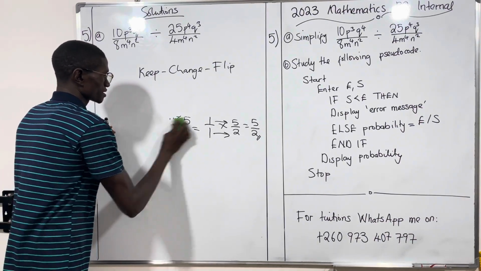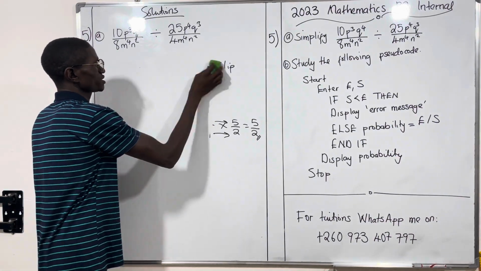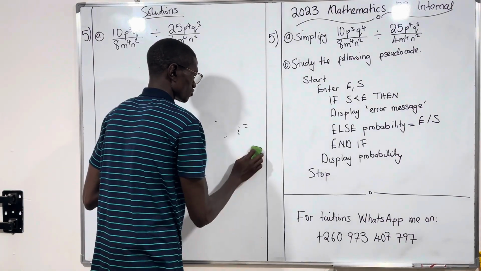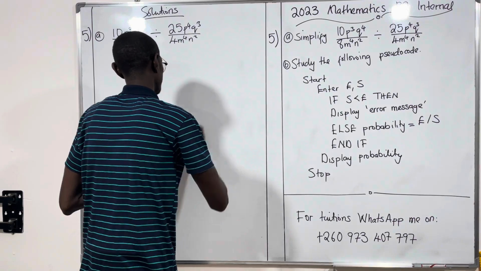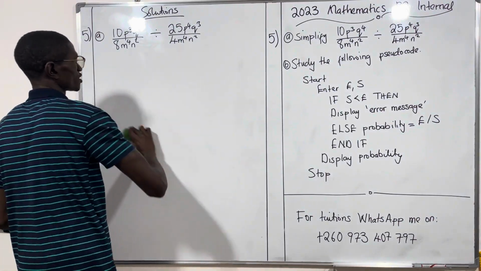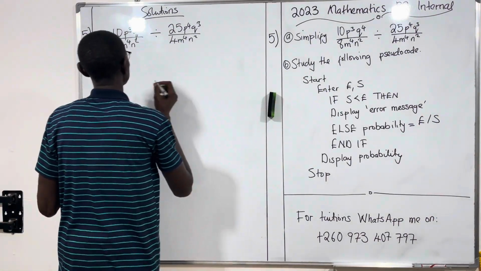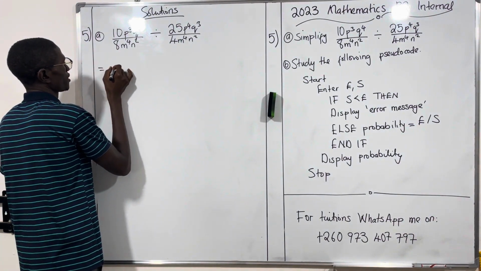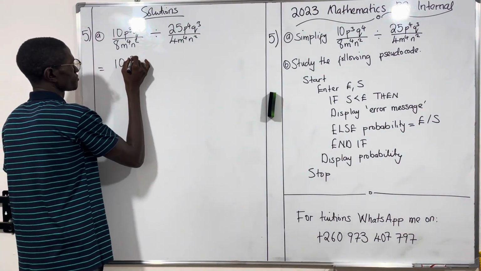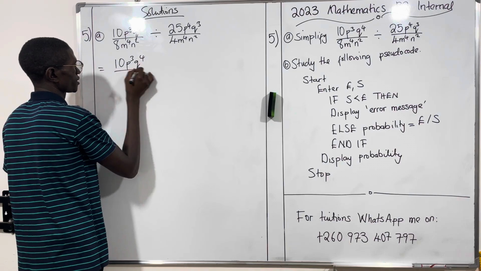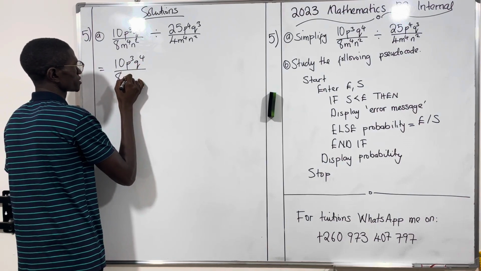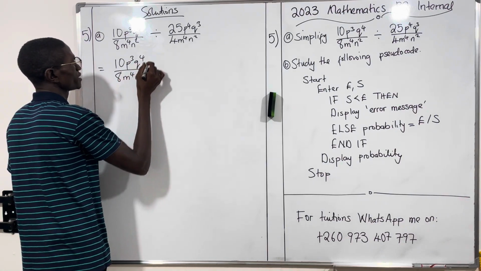That is basically how we are also going to solve this question, except it's a bit different because it also has variables. It has letters. So we're going to say 10p cubed to the power 4 over 8m to the power 4 n squared, and then we change.